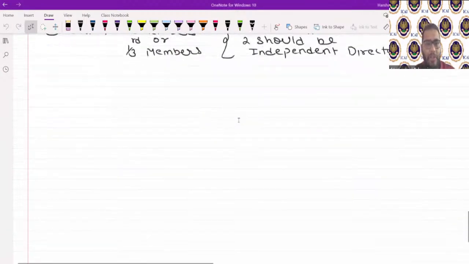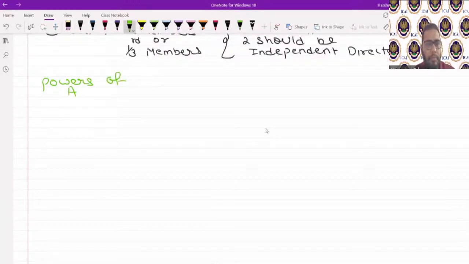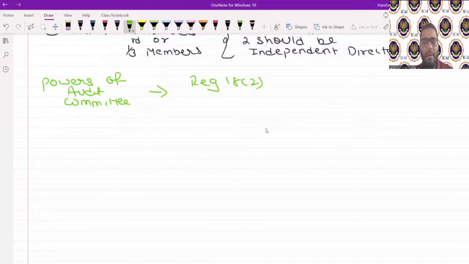The powers are mentioned under regulation 18.2. Clear? Okay.